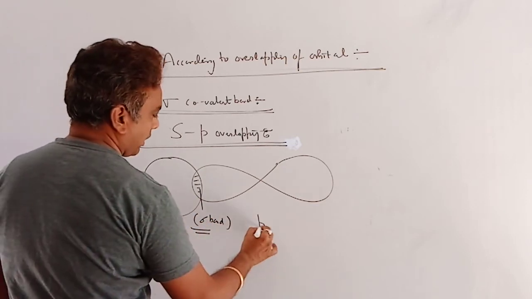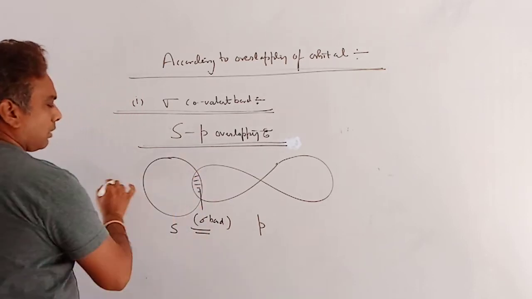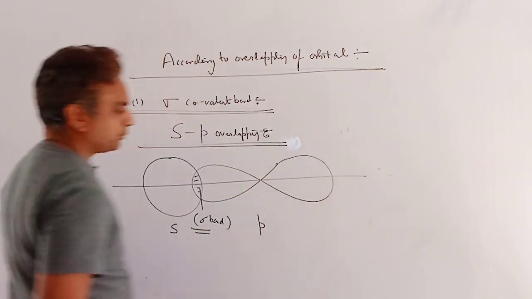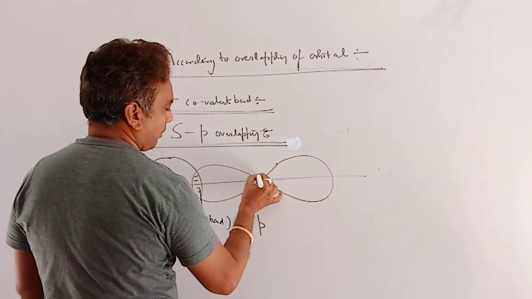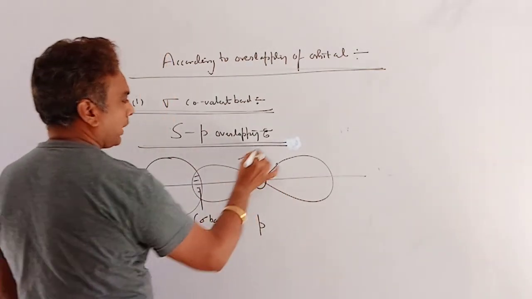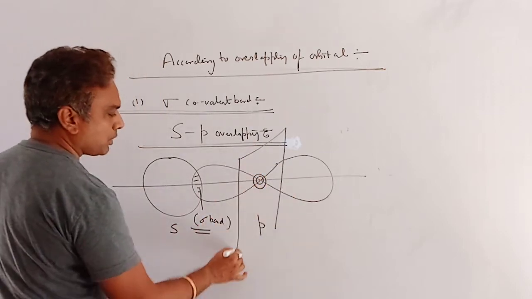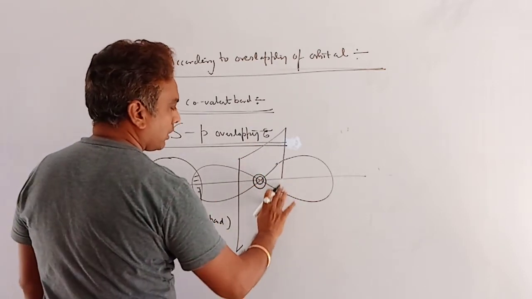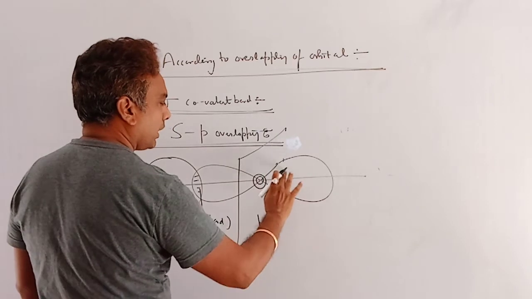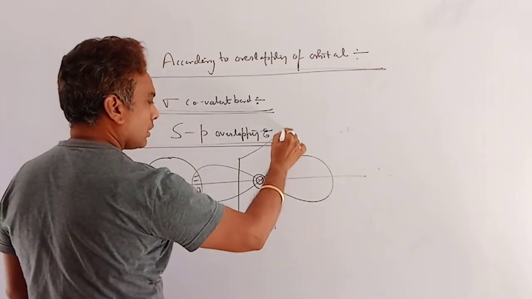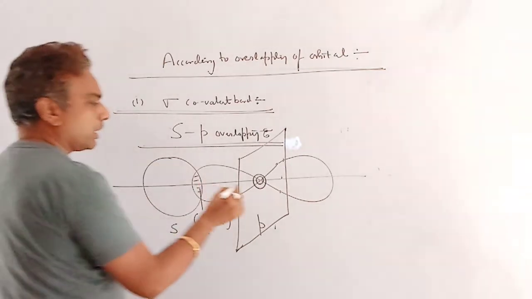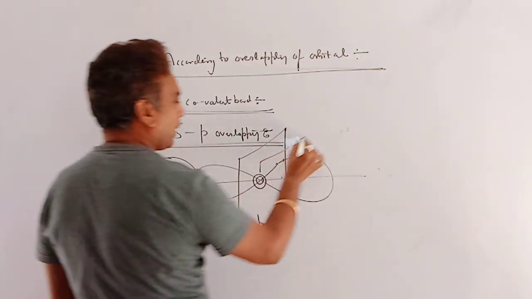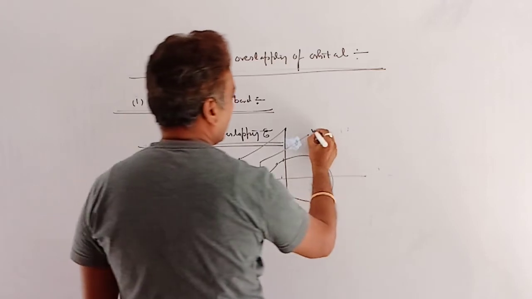One s and one p. But in this overlapping, a plane perpendicular to the plane of overlapping is observed where the probability of finding electron is least. Such plane is known as nodal plane.